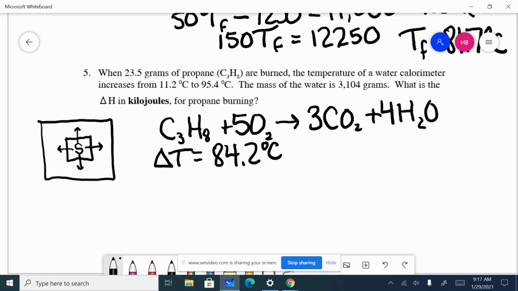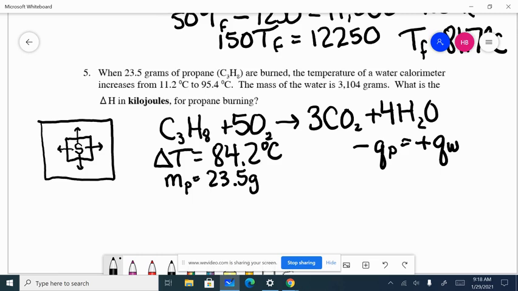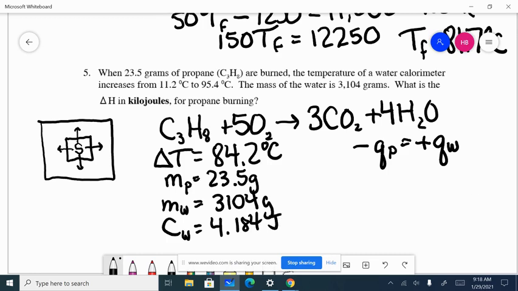So the energy lost by the propane is going to be equal and opposite to the energy gained by the water. Let's write what we do know. So we've got mass of propane, change in temperature, and the mass of the water. We also know the specific heat capacity of water, which is a constant that will always be given to us.